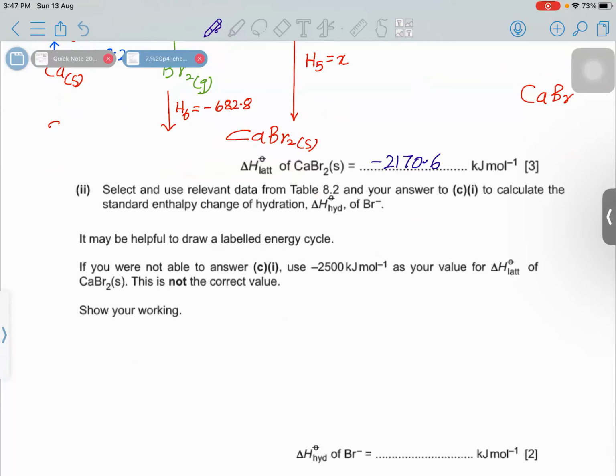So the formula for hydration, lattice energy and solution is that hydration is equal to lattice energy plus solution.